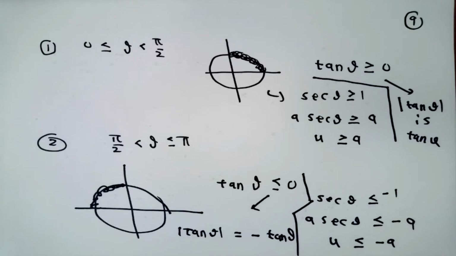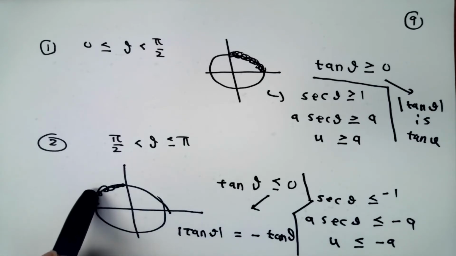In the second category, angles that are at least 90 degrees but no more than 180, the tangent is negative. It is not possible for absolute value tangent theta to equal tangent theta, except in the exceptional case where it's 0. Absolute value of tangent theta, in this case, is the negative of tangent theta.